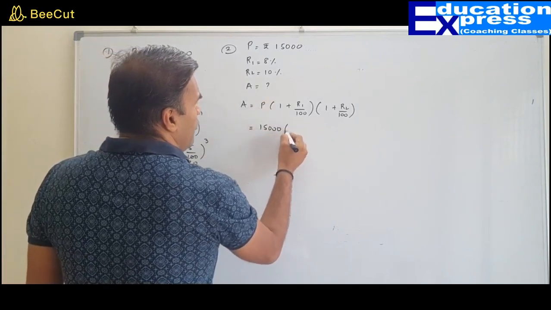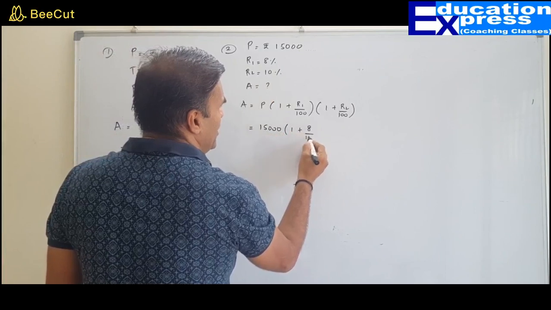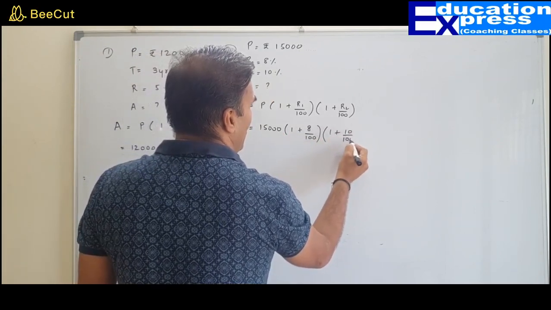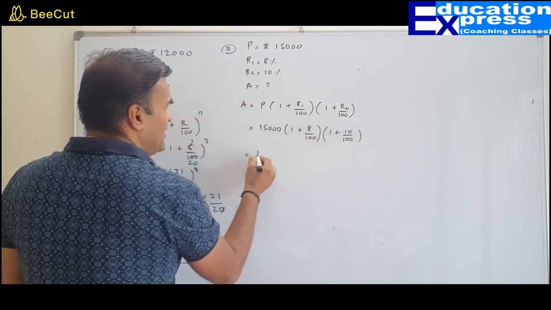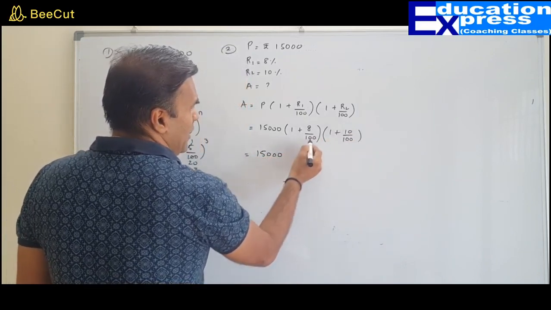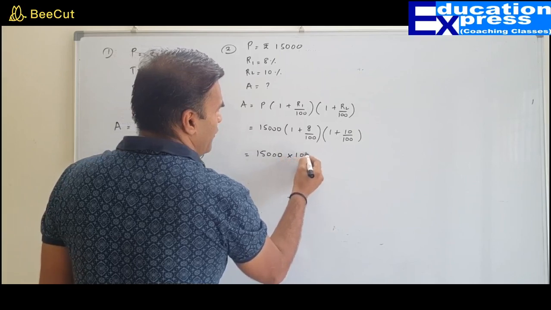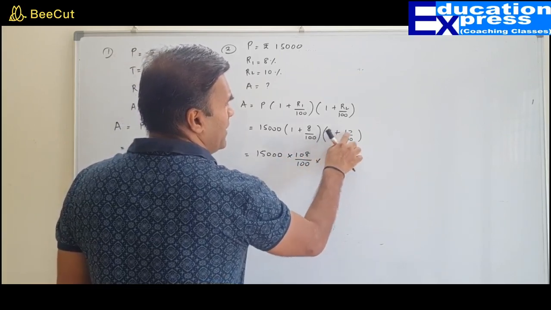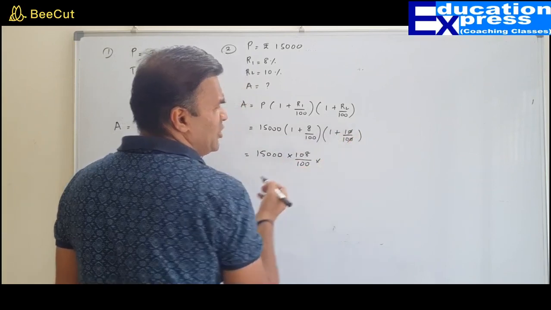15,000, 1 plus 8 upon 100, 1 plus 10 upon 100. Can we cancel anything? Yes, sir. 100 plus 8, 108 upon 100. 100 plus 10, but we can cancel 0, 0.